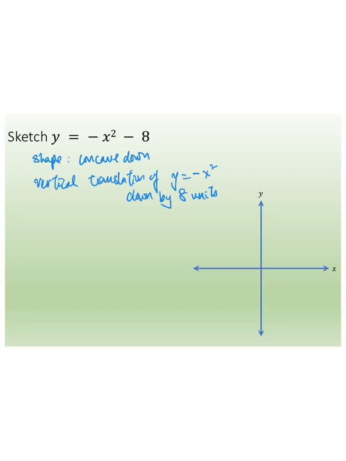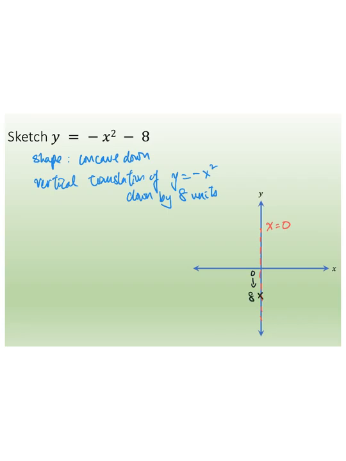So sketching this, I'm going to first identify the axis of symmetry, which is x equals 0. And then you know that you are moving from the origin O down by 8 units. So let's say this is 8.